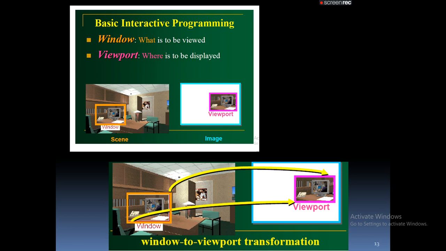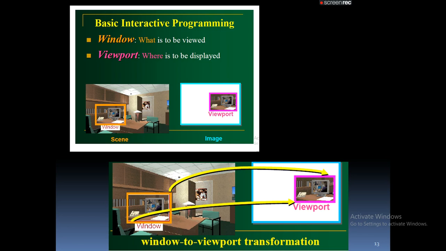Then I need to map clipping window coordinates to viewport coordinates. When I map clipping window coordinates to viewport coordinates, only then can I view whichever object I created that lies inside the clipping window on the screen of the monitor with respect to the viewport.